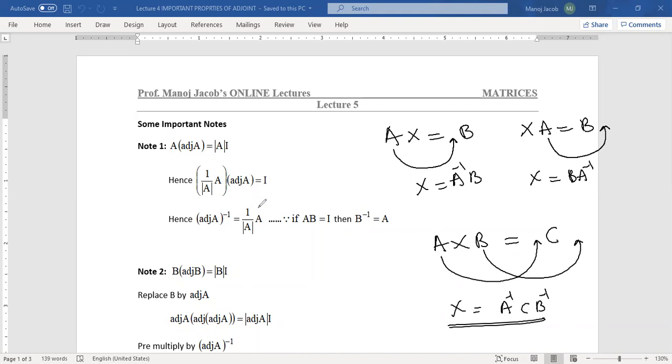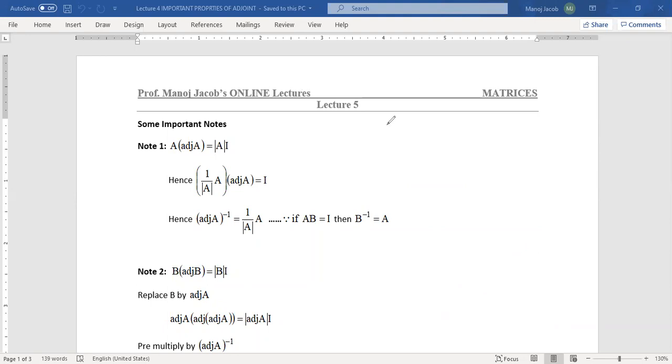Yes, sir. Okay. So all of you practice once. Write down: XA equal to B. Write yourself the answer. AX equal to B. Write your answer. AXB equal to C. Write it yourself.